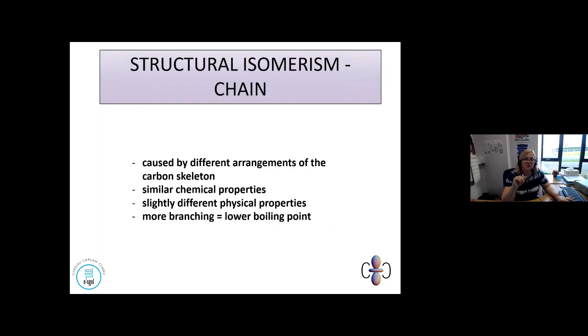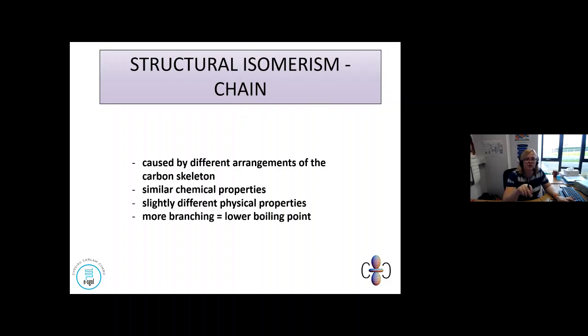So structural isomerism is caused by having different arrangements of carbon skeletons. So you've got straight chains, which means you've got all the carbons in exactly that, a straight chain. Don't forget, a straight chain doesn't have to be straight though. Going around a corner doesn't mean that it's not straight, and I'll come back to that in more detail in a minute or two. Structural isomers have very similar chemical properties though.